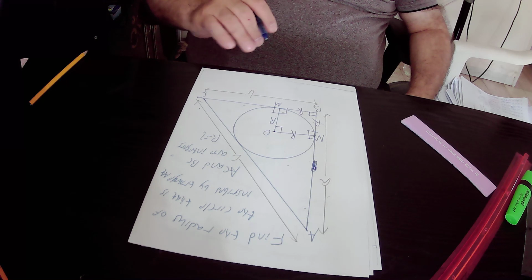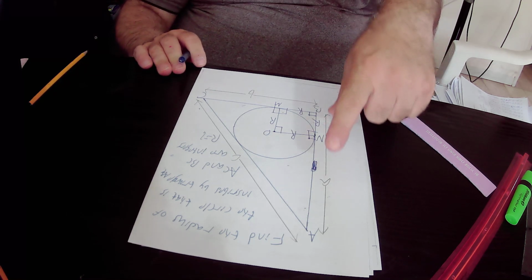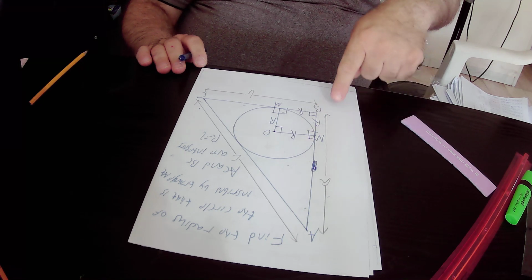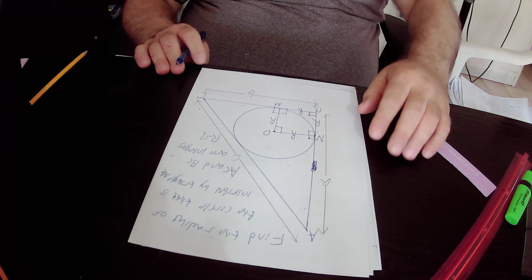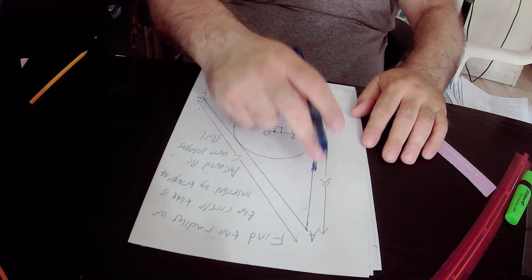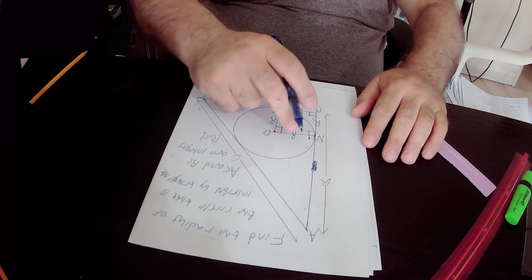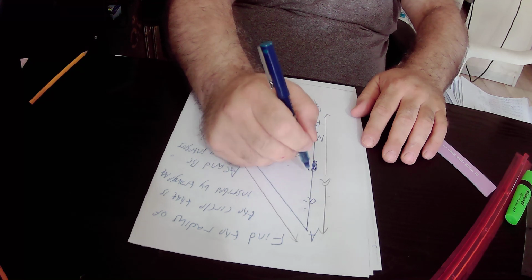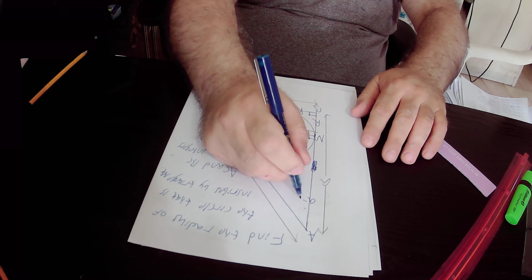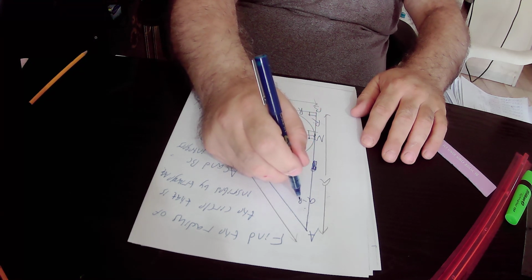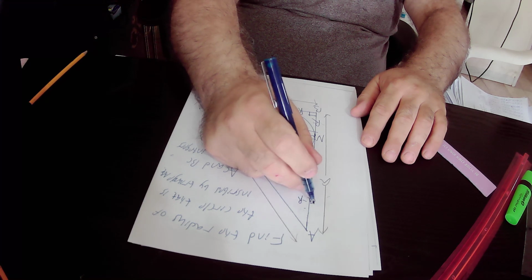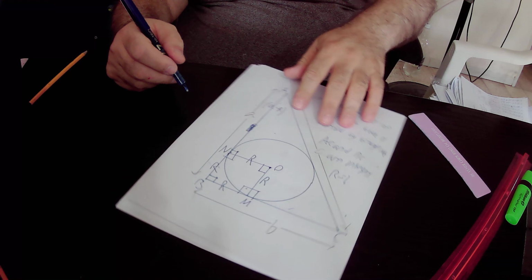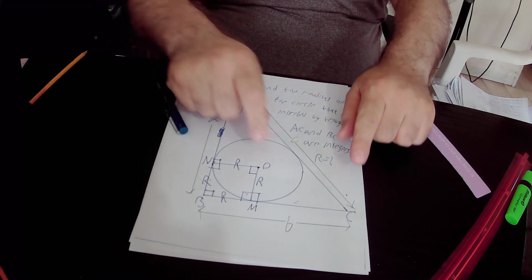In the next step we'll find out the length of line segment AN. Here AN equals AB minus BN. AB is A, and BN is R. So in conclusion we found out that AN equals A minus R. Likewise, we find the length of line segment MC from the drawing.